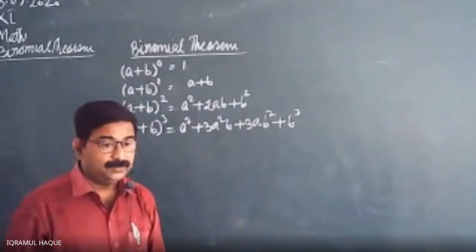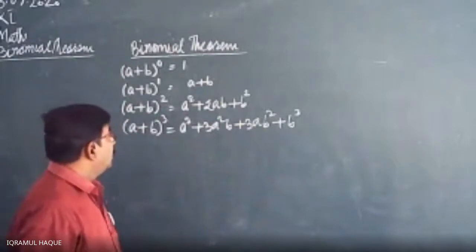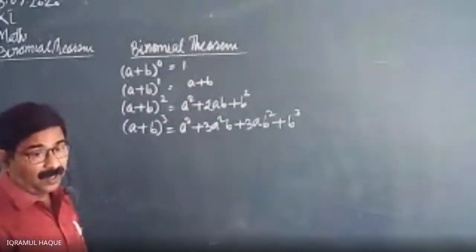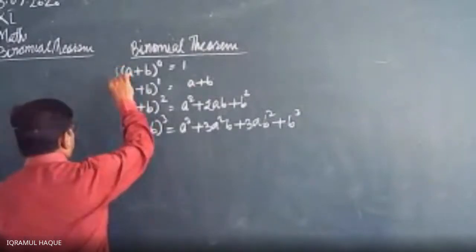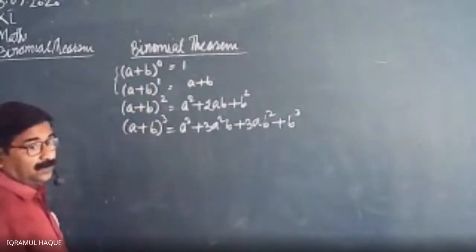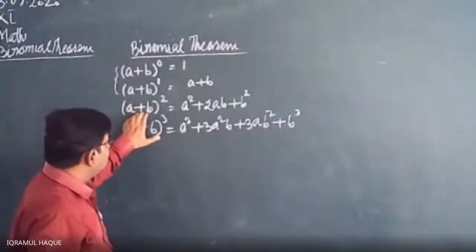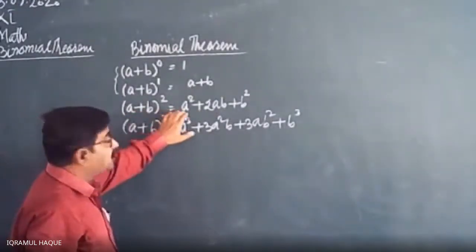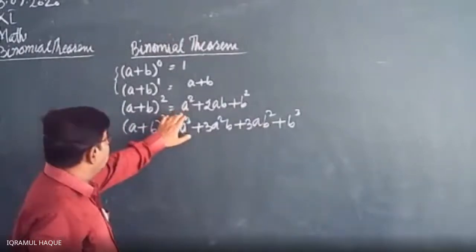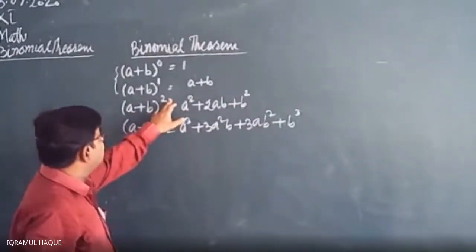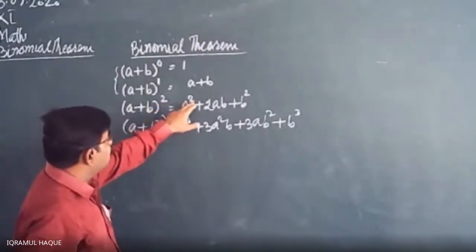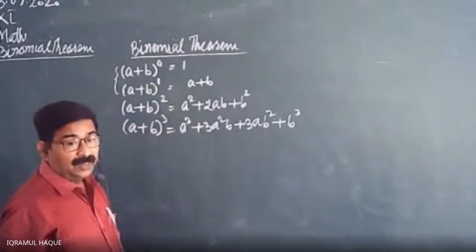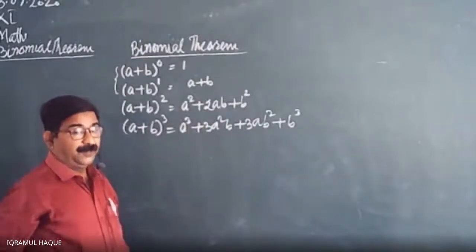Got it? Now, let's see the pattern, how we expand it. These two are the general, simple one. See here, we have in bracket two terms, starting with first term. First term is having maximum exponent. Whatever the exponent is, the first term is having the same exponent.